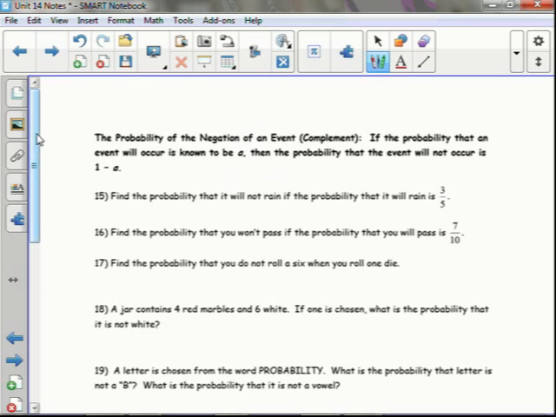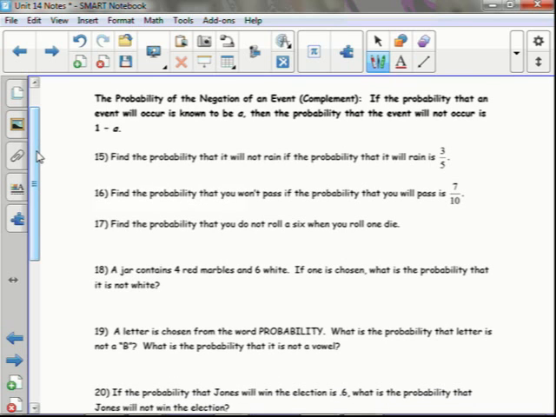Now, sometimes we have the probability of the negation of an event, the complement. That's the probability that it isn't going to happen. And when you have that, it's 1 minus the probability that it will happen. So let's look at number 15. Find the probability that it will not rain if the probability that it will rain is 3/5.